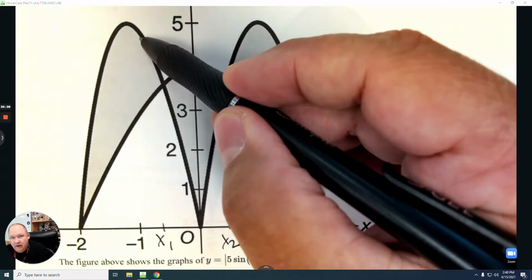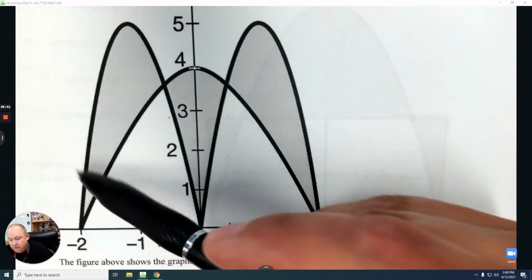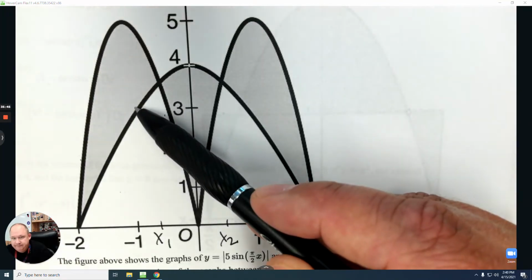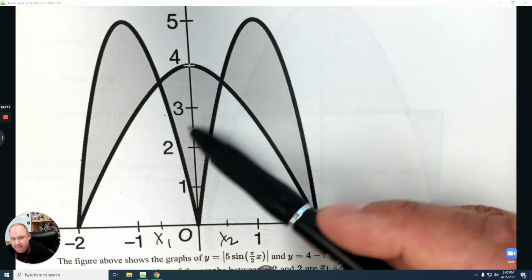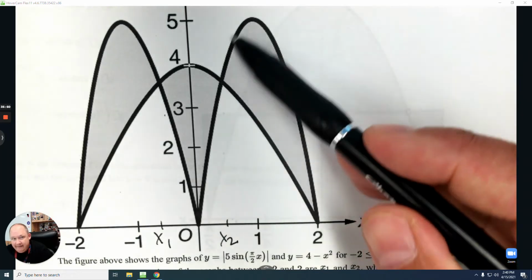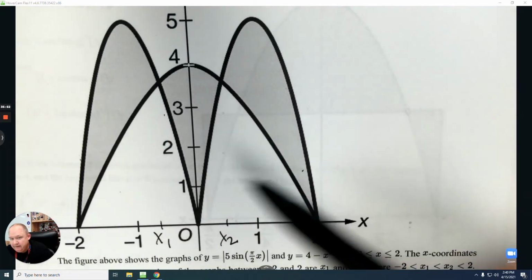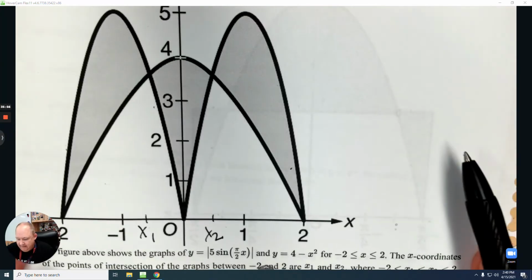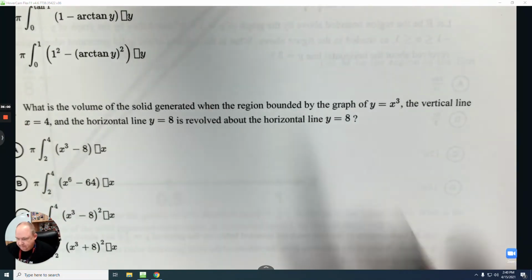So it's always top, subtract bottom. So first it's the absolute value, subtract the parabola. Then it's the parabola, subtract the absolute value, and then the absolute value, subtract the parabola, and then the bounds, negative 2 to x1, x1 to x2, and x2 to 2. Which one is the correct setup that did that?